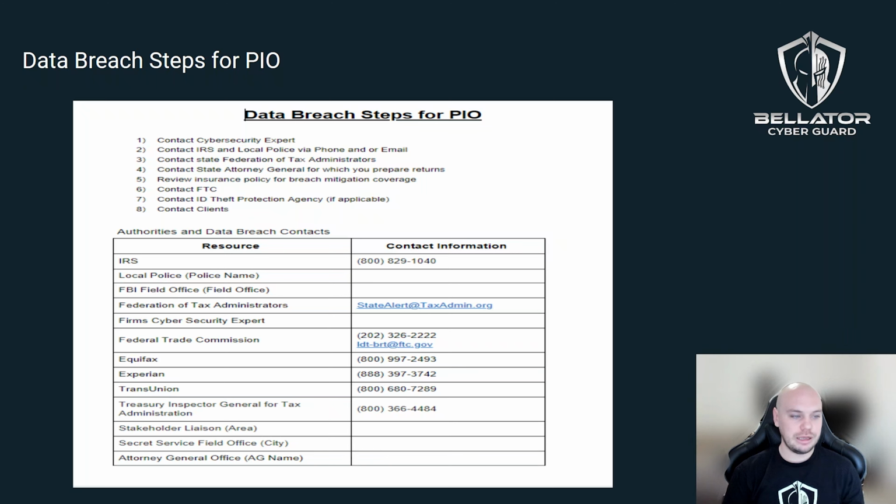Same with the FBI. At the bottom, you'll see the stakeholder liaison. There's like 4 different areas throughout the country, so depending which state you're in determines which area. And then each area has its own phone number. Secret Service, Attorney General, some of these depend on what the attack was like, right?